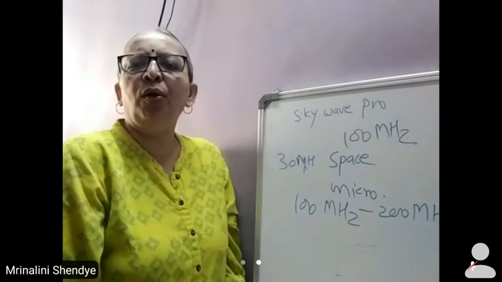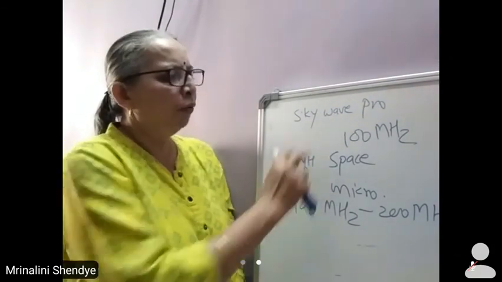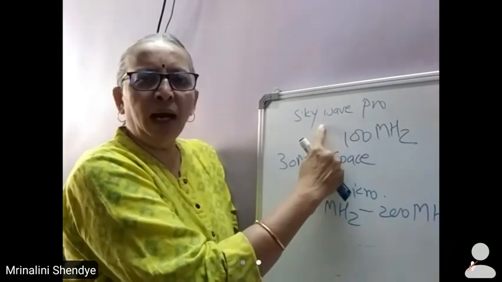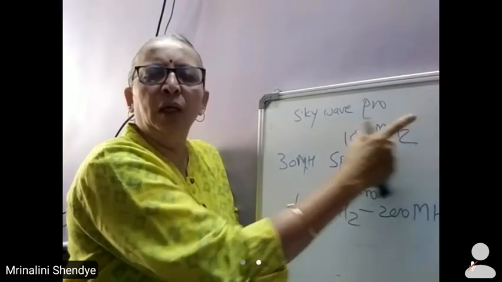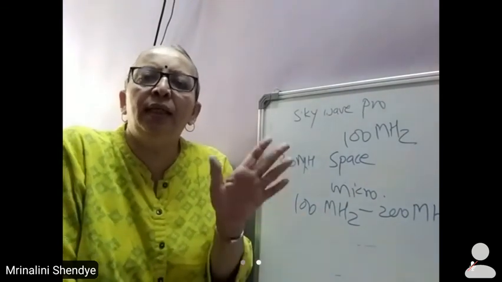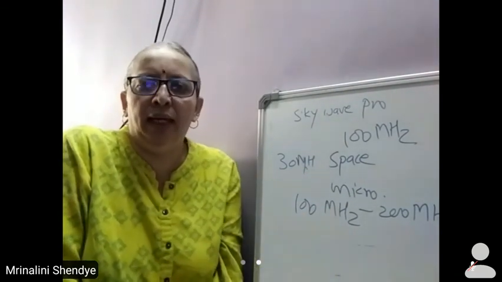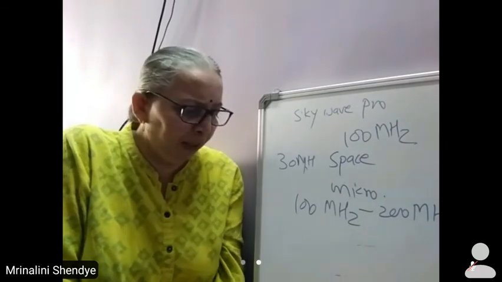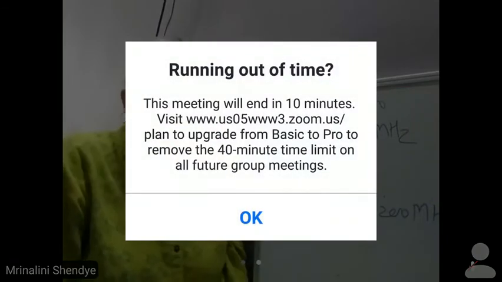Sky में क्या होता है? We use the range of 3 mega to 30 mega. So sky wave propagation mode है, उससे टीवी सिग्नल रिले नहीं की जा सकते हैं. For that we prefer space wave communication.